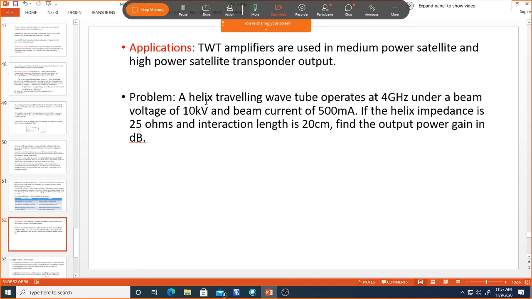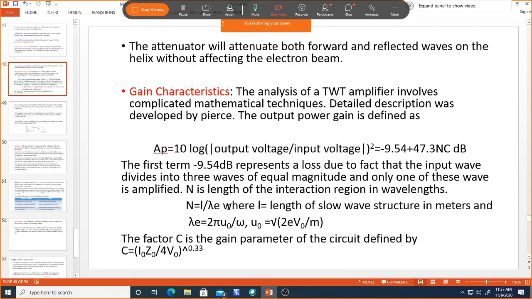If you take the problem on this TWT, by using this equation you can calculate: a helix traveling wave tube operates at 4 gigahertz with a beam voltage of 10 kilovolt and beam current of 500 milliampere. If the helix impedance is 25 ohms and the interaction length is 20 centimeter, find the output power gain in dB. We can use this equation to calculate it.